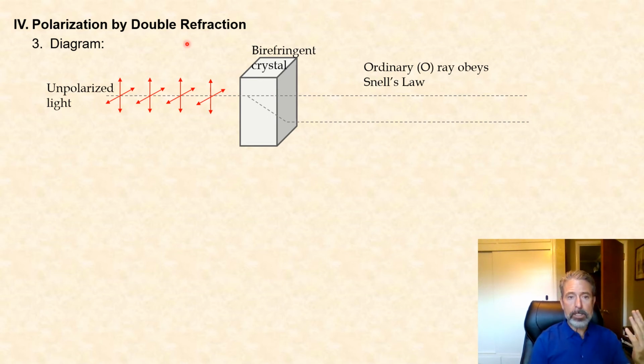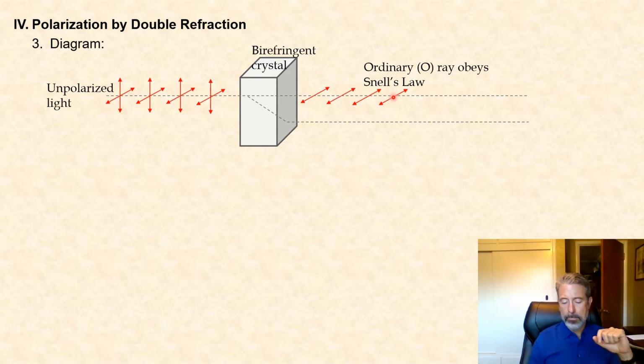So it turns out that one of these components of the unpolarized light, what I'm showing you here, this parallel component, is the one that will obey Snell's law, and that component will travel straight on through, and you can see then that this ray here that we call the ordinary ray is now plane polarized, right? Because the electric field is in one direction.